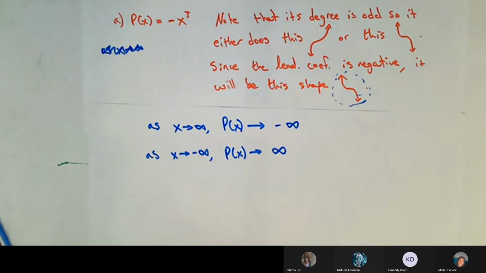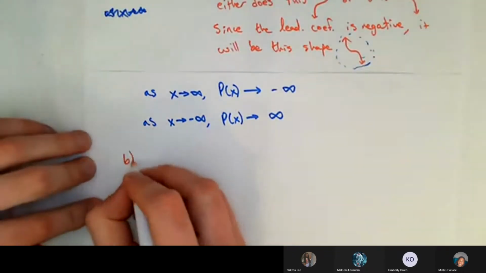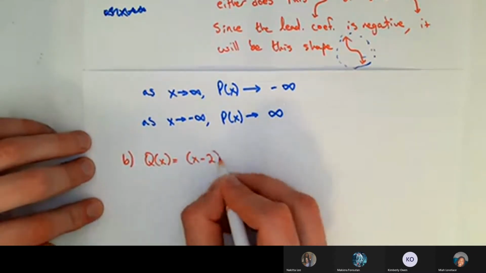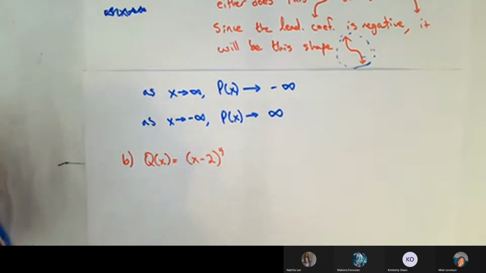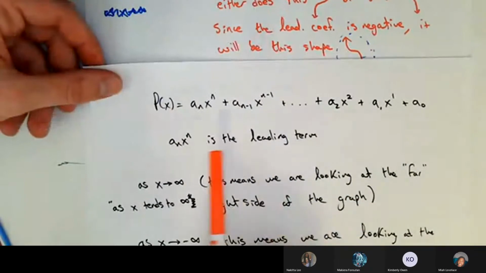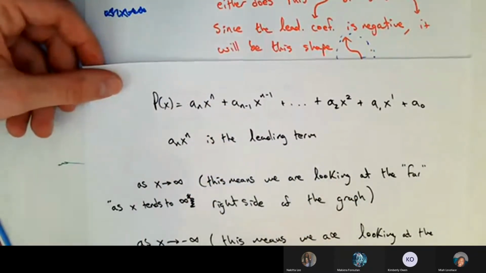Okay, let's do part B now. So part B, I'll go ahead and rewrite the function. The function was q of x equals x minus 2 to the fourth. Now, this might seem like a problem because it's not written in that polynomial function form that we like to have, with all of its terms strung out so that we can easily identify that leading term to find the degree and the leading coefficient.